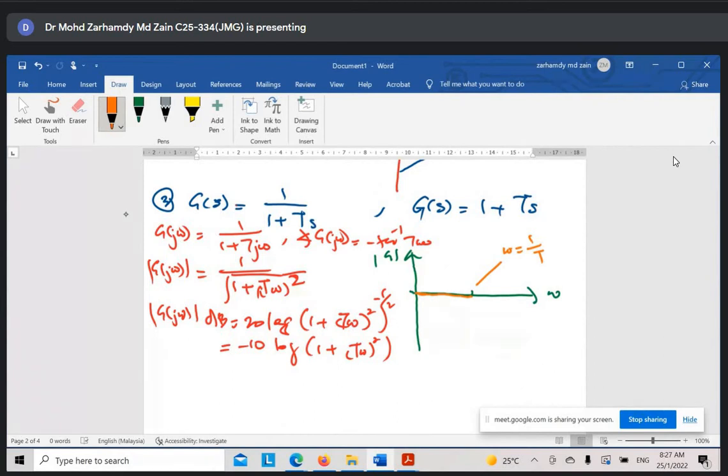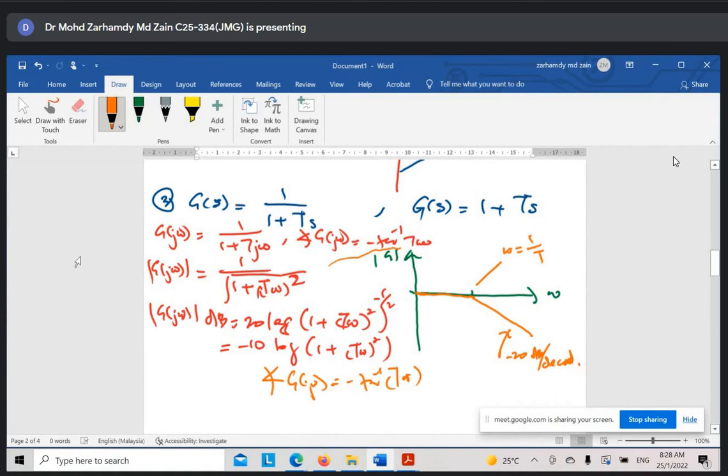So here is 5, and it will go down from here, where the gradient is negative 20 dB per decade. And our phase in this case is the same, no problem: negative inverse tangent of T omega. This is the 1 over 1 plus Ts.